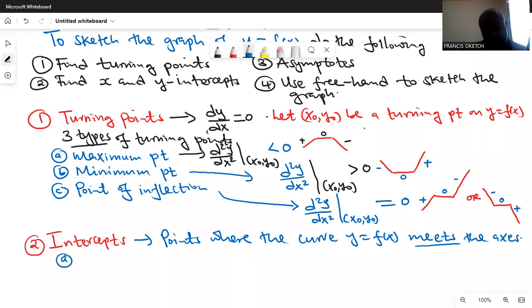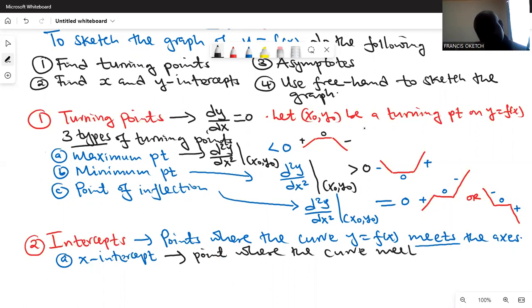The first one is the x-intercept. And I said the x-intercept is the point where your curve will meet the x-axis. So at that point, what we know is that y is always equal to 0.